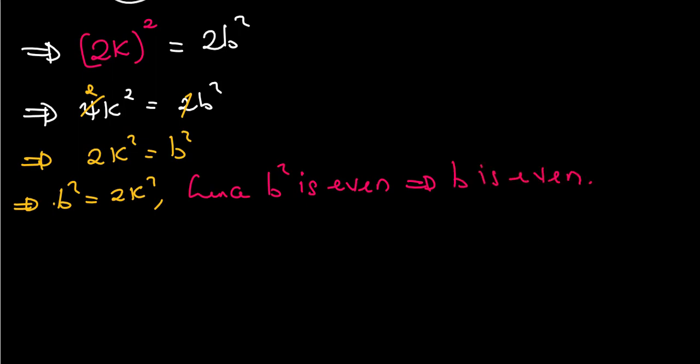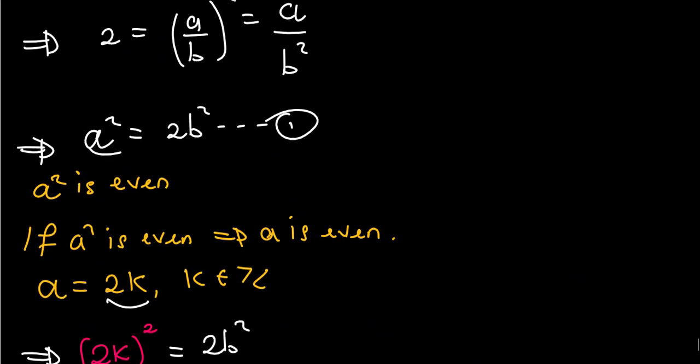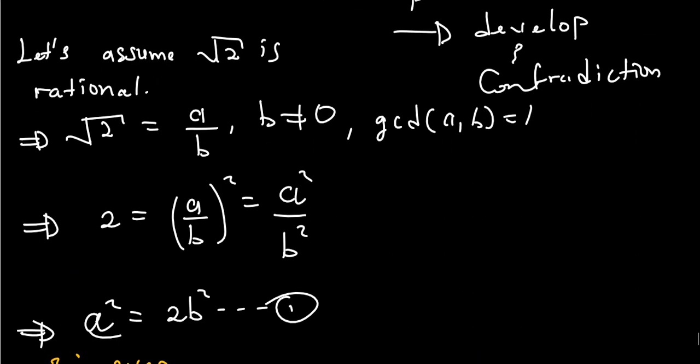And so, what do we get? This means b can be written in the form 2n, where n is a certain integer. A contradiction has already been made, because the assumption is that a and b should be coprime, in the sense that the greatest common divisor between the two is 1.